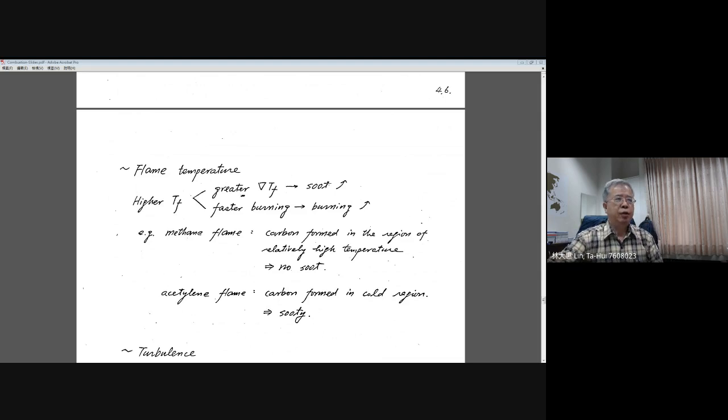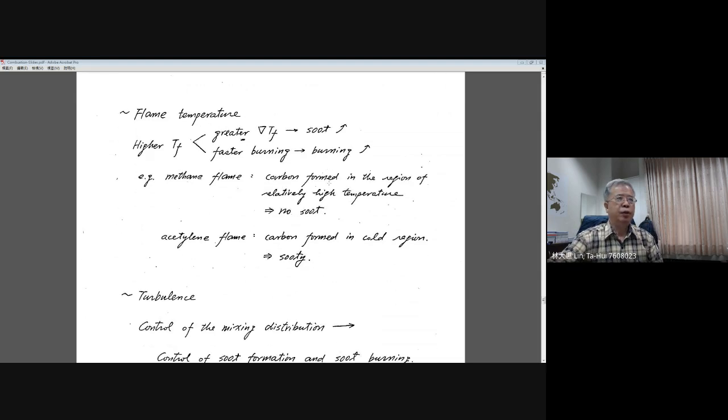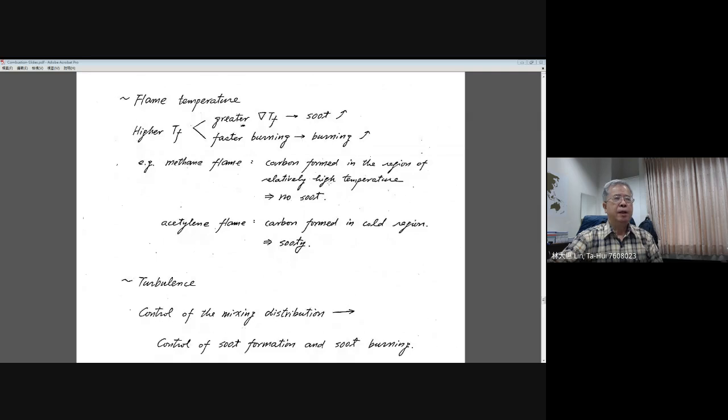Now there are two examples I want to show you. One is methane. As I mentioned, the chemical structure of methane is very compact. You need to absorb more heat to release the carbon atoms. That means the carbon forms in a region of relatively high temperature, very close to the flame, near the position of highest temperature.